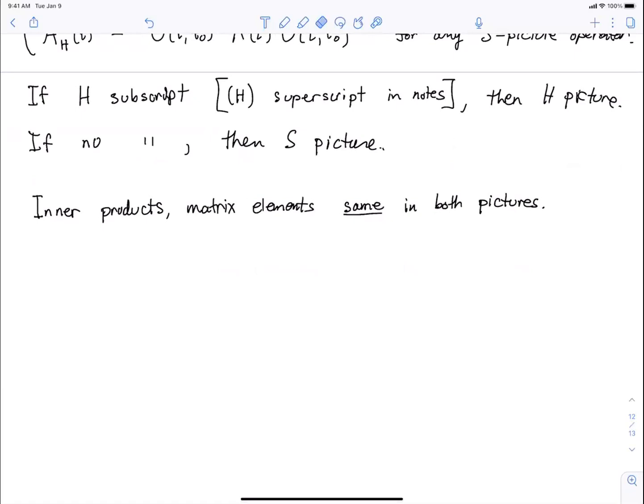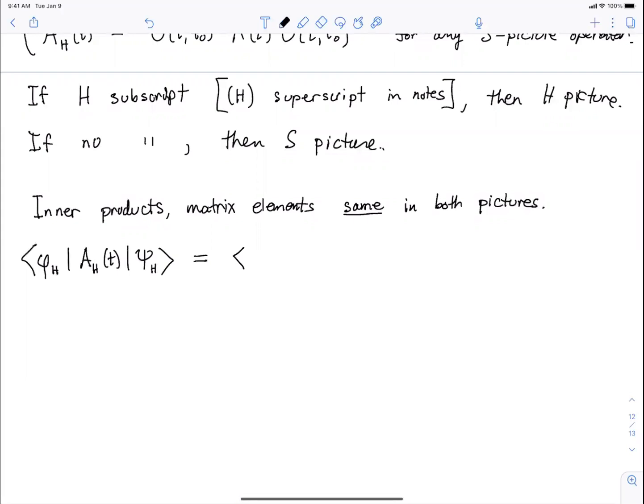Let's write down a general matrix element, and I'm going to write it for a state in the Heisenberg picture and a general operator in the Heisenberg picture, which might depend on time, and another general state in the Heisenberg picture. And so the first thing we're going to do is translate everything there into the Schrodinger picture.